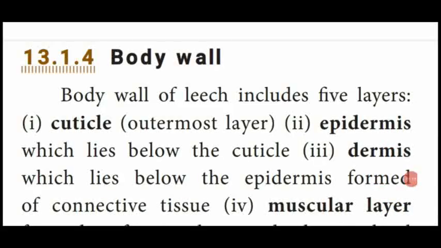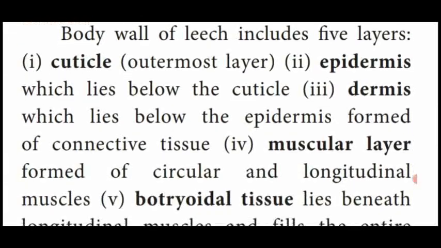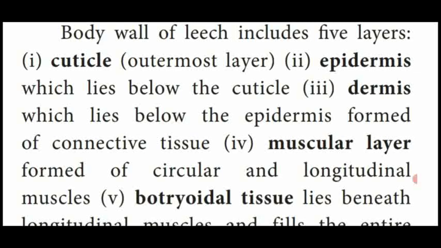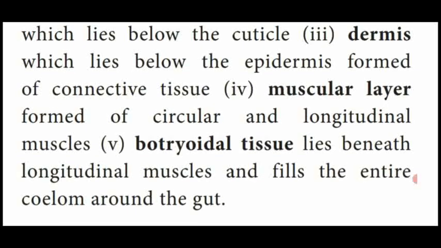Dear students, this is the body wall of the leech. It contains 5 layers. One is the outermost layer, called the cuticle. Inner to the cuticle, they are having the layer called the epidermis. Then below the epidermis, they are having the region called the dermis. Then a connective tissue which is present inner to the dermis is called a muscular layer, which is circular in shape, which contains longitudinal muscles.